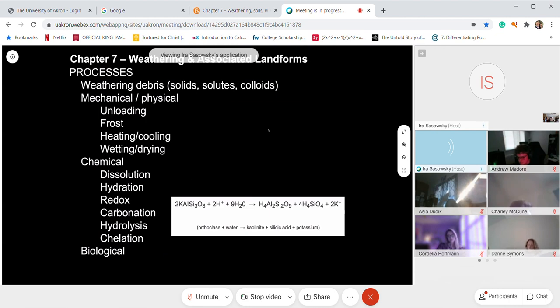This is the conversion of orthoclase, which is a feldspar mineral, with slightly acidic water to create kaolinite, which is a clay. And that also releases silicic acid, H4SiO4, and 2 potassium ions.